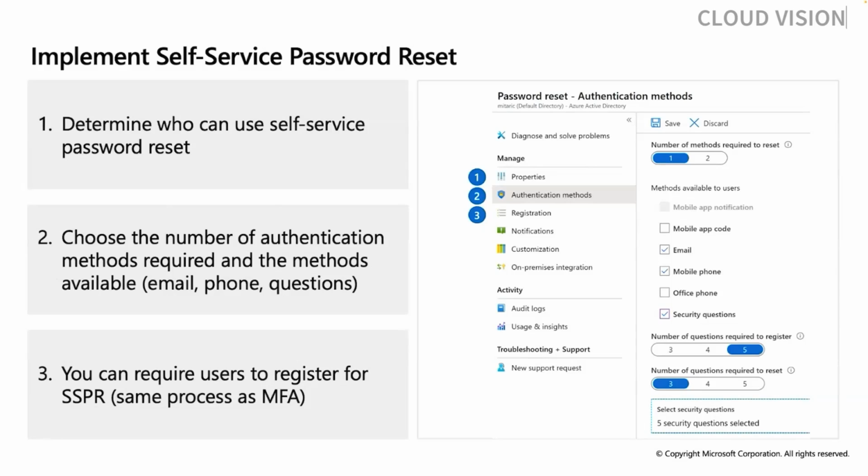To implement self-service password reset, there are different steps you need to perform. But first of all, it is recommended that you look at your organization's or customer's requirement, whether they want to implement it.